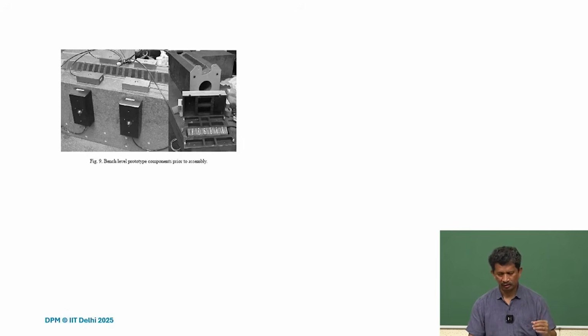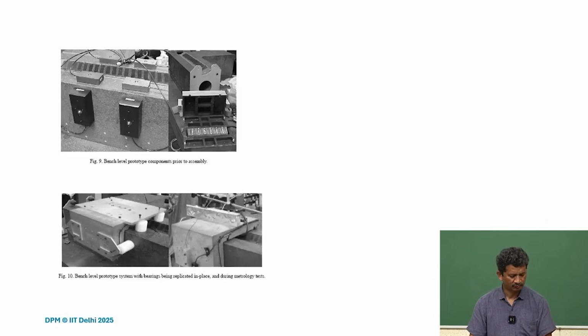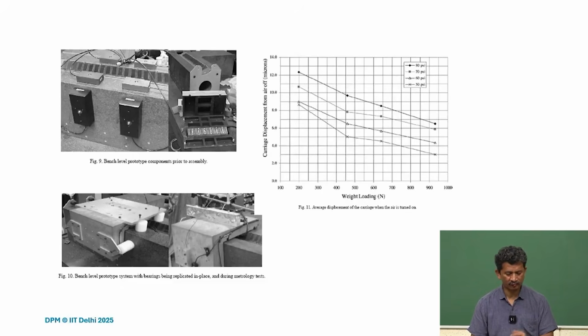Each and every step is mentioned there. You can see first the air pads, and then you put the epoxy and let it cure so that the orientation of the pads is properly placed. And then, of course, we can see the displacement and the weight loading.